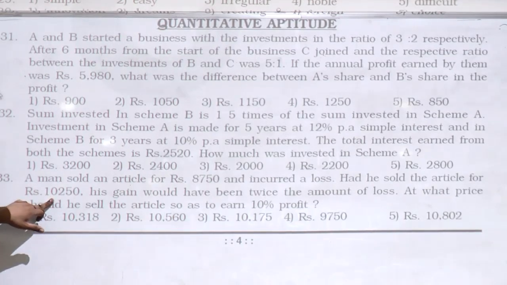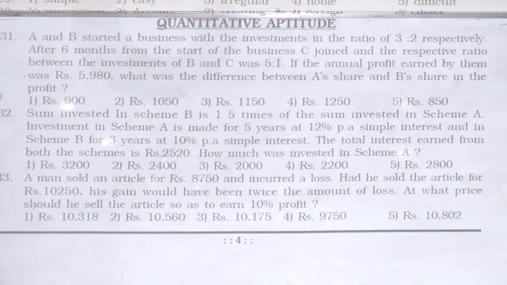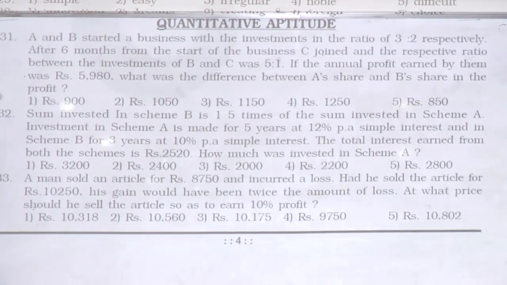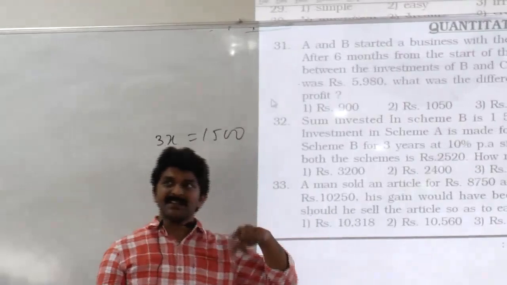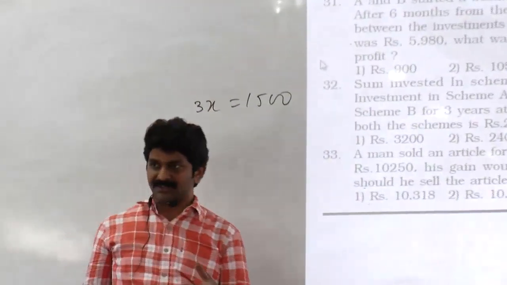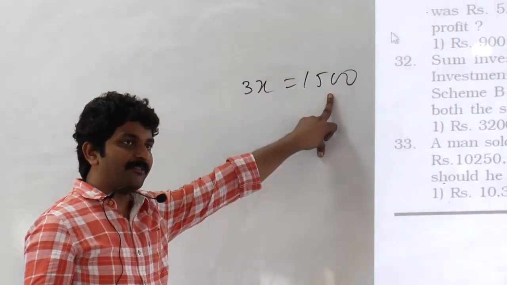So here you will get 2x profit. X loss and then 2x profit, difference is 3x, which is equal to 1,500. Difference between these two numbers is 1,500, which is the x loss and 2x profit difference, which is 3x. And from this you can calculate x as 500.